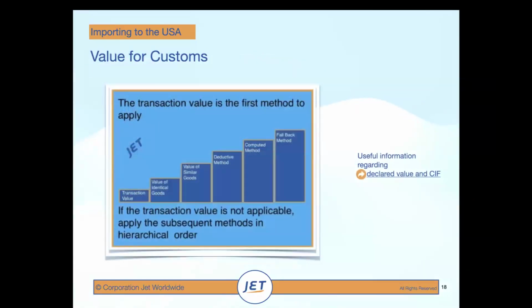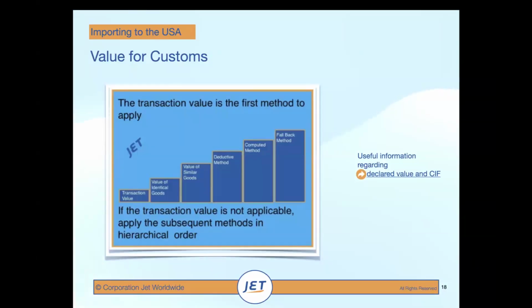In some cases, there is no direct transaction, such as importing samples or receiving warranty parts. And remember, there's no such thing as a zero value when it comes to customs. I can't tell you how many times I've heard, there is no value, they're just sending me samples. In such cases, the cost of identical goods or similar goods are the methods used in determining the value.